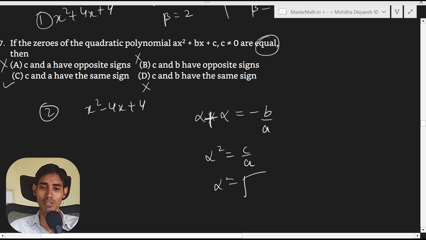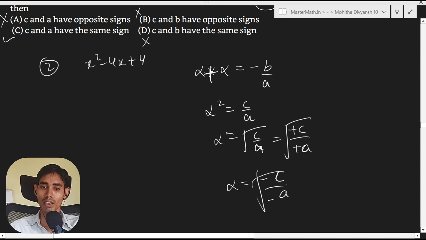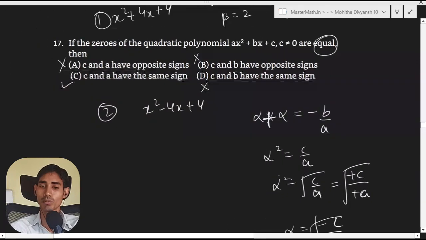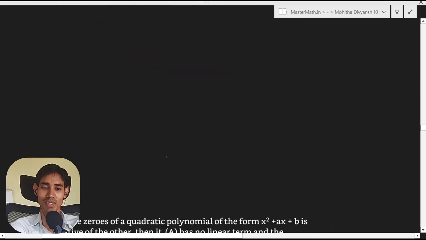So alpha is the root of c by a, which means c and a should have the same sign, otherwise it would be a negative square root, correct? It could be positive c by positive a, then the root would be a positive number, or negative c by negative a. Either way, a and c should be of the same sign. So this is a technical way to do this, but whichever suits you.